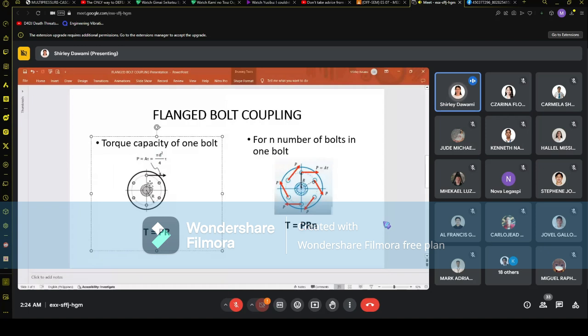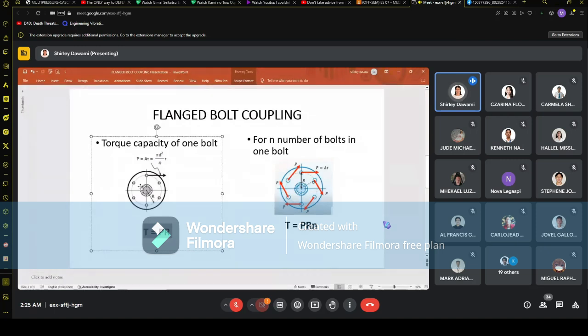So we have force, which is equal to P, and the distance, which is equal to R. So that gives us PR. That is their relationship, because moment is equal to force times distance, and torque is also known as the twisting moment or moment. So it becomes P times R. Okay? So this is how to get the torque capacity if there is only one bolt circle.